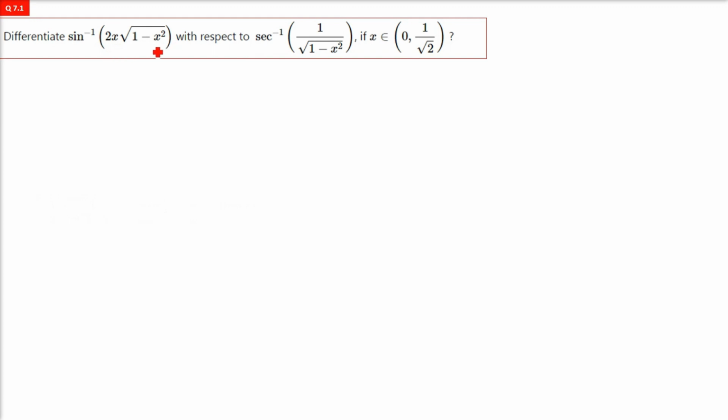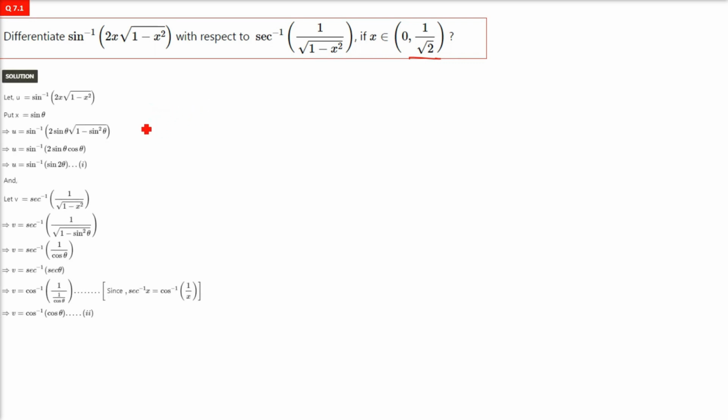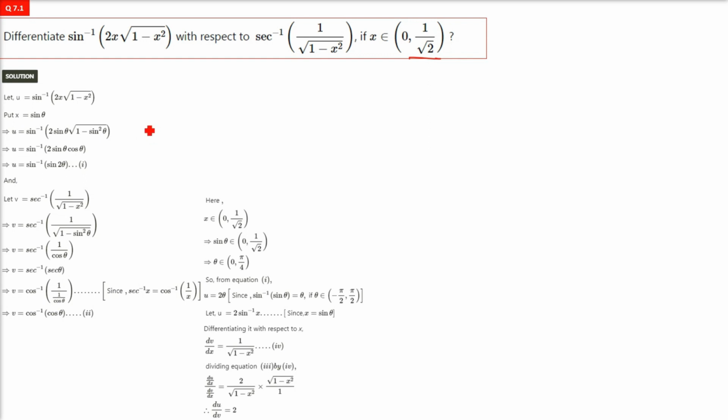Differentiate this term with respect to this term. Again, lot of trigonometry, lot of trigonometric equations. I would suggest those who are not following this to go back and learn all the trigonometric formulas again and again, because we are just simply using it here. So u is sine inverse 2x under root 1 minus x square in this case. So x is equal to sine theta here.